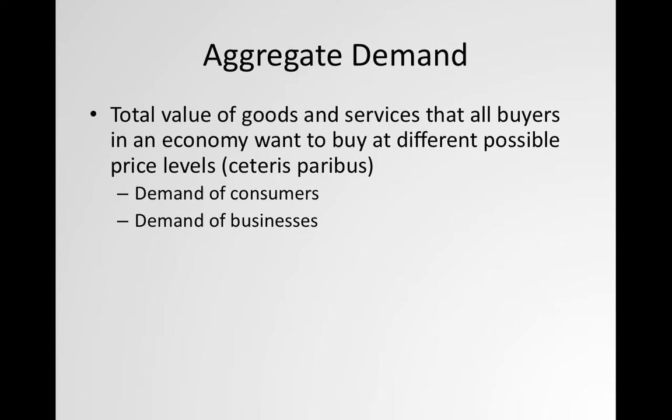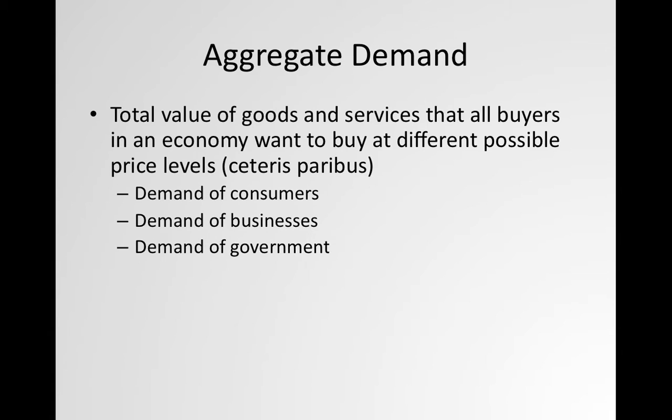And businesses buy different goods and services to make their own goods and services. These are called capital goods. It's not to say that businesses buy all of the same things that consumers do. Sometimes they're different. Garbage trucks and hydraulic presses are things that consumers generally don't buy, but businesses do. So it's not all the same, but that's part of aggregate demand.